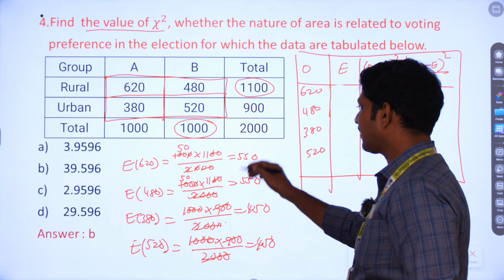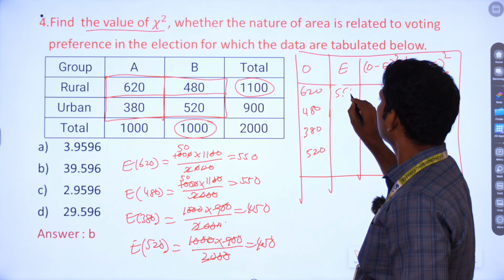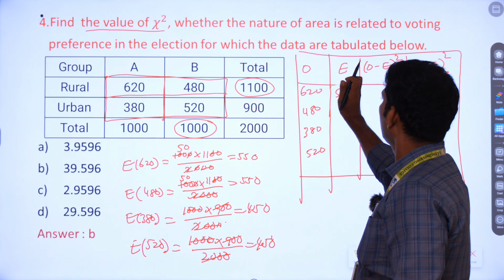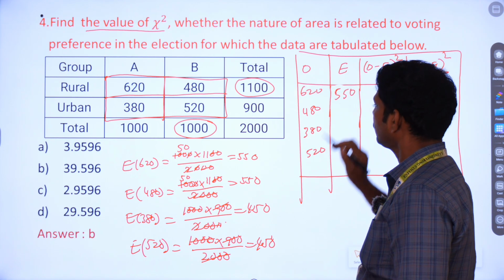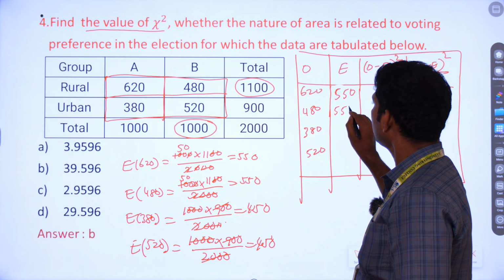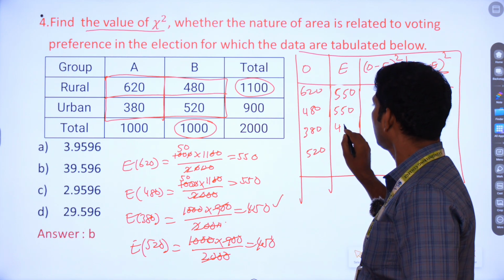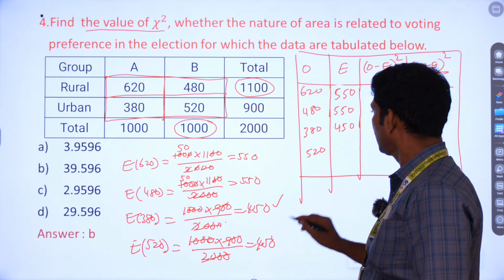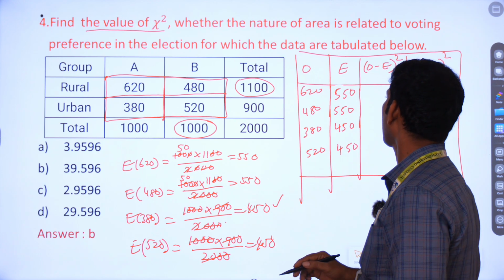So now we have the expected values: for 620, 550; for 480, 550; for 380, 450; for 520, 450.